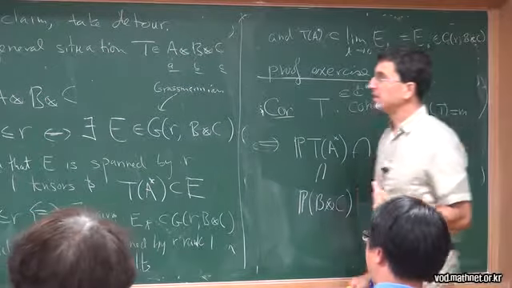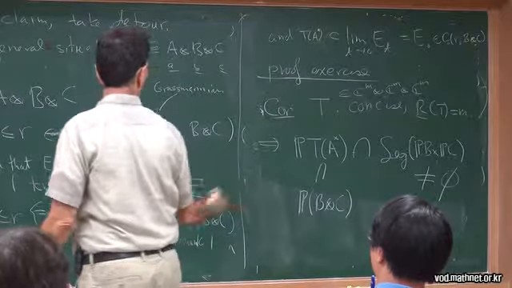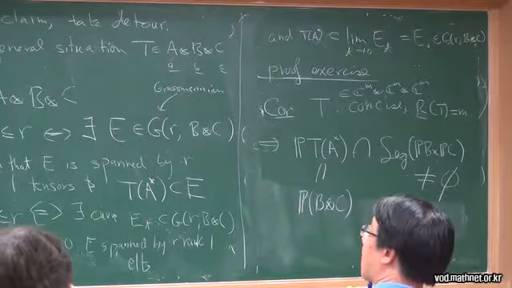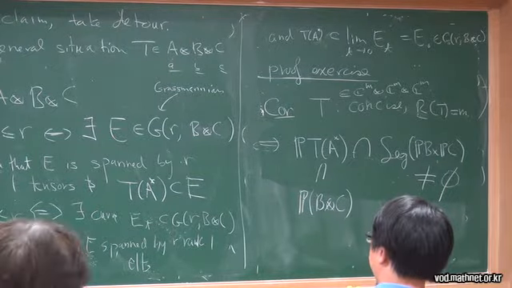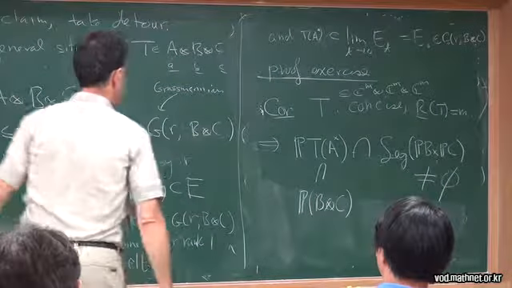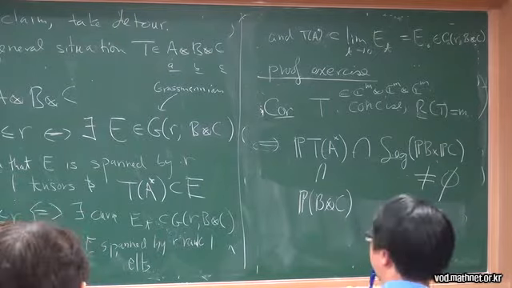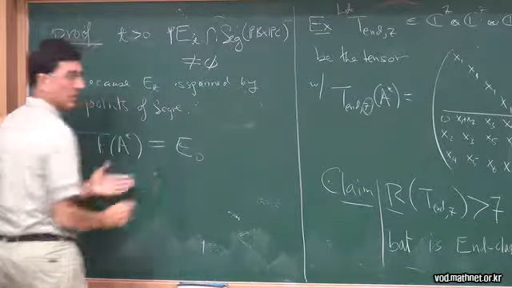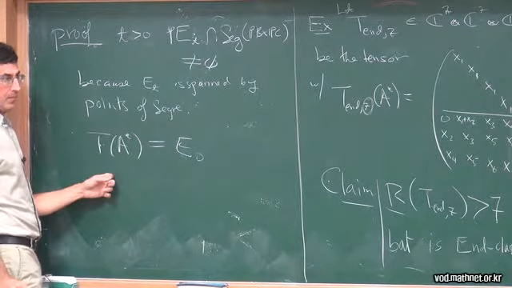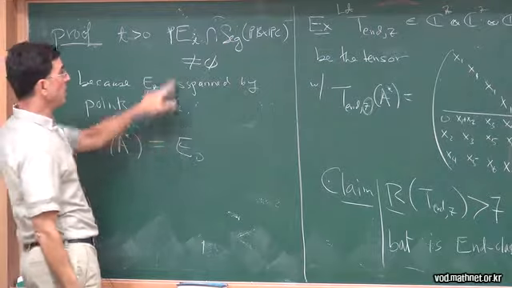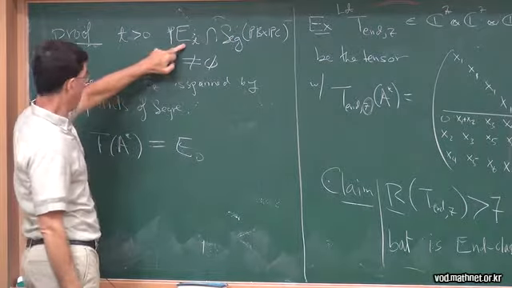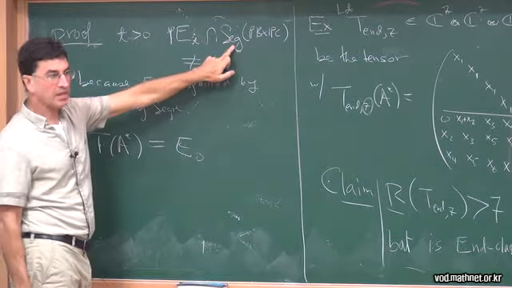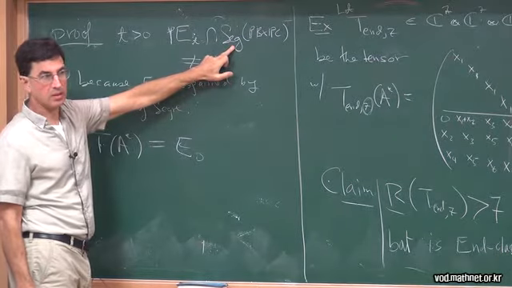Well, you see, because now this R plane is now an M plane, so what will happen here is that T(A*) is actually equal to E_0 because they both have dimension M. But E_0 is the limit of spaces that contain a rank 1 matrix.